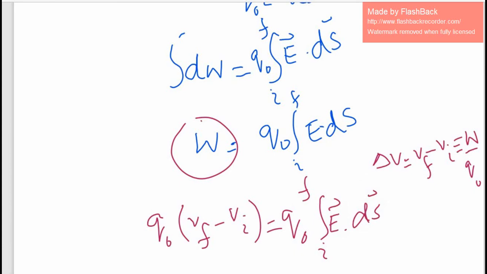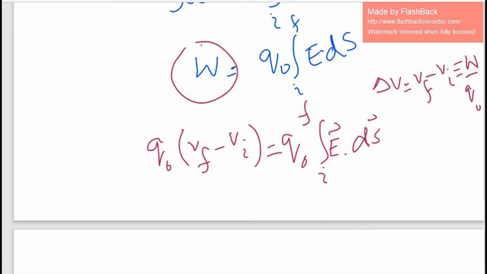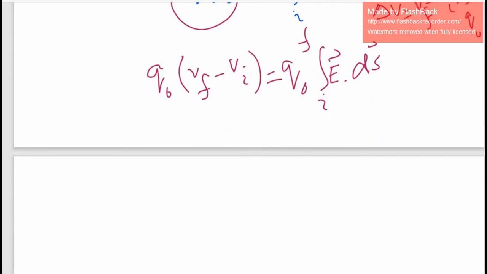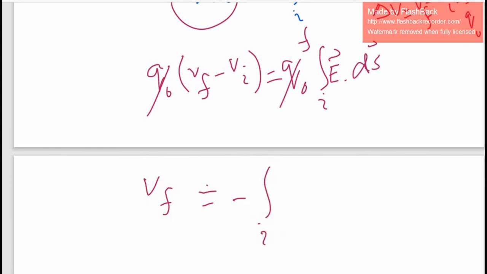Now we all know that the electric field is conservative. What does it mean? It gives the same value by following any path within the electric field. So I am going to cancel out the Q naught. Vf minus Vi is equal to minus the integral from I to F of E dot ds.